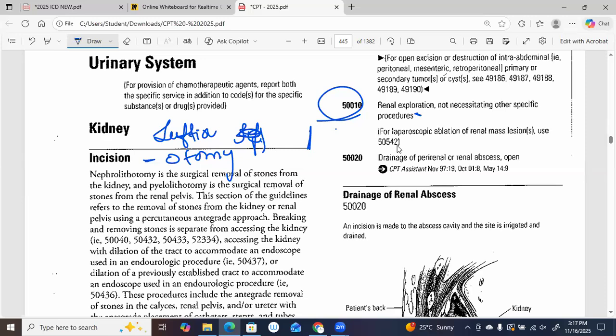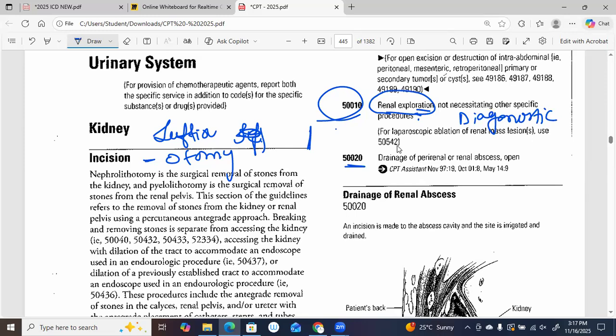If the exploration has been performed for a specific therapeutic procedure, we are going to bill the therapeutic procedure only, not the renal exploration. We bill renal exploration only when it has been performed for diagnostic purposes. Otherwise, we have to use the therapeutic procedure code.